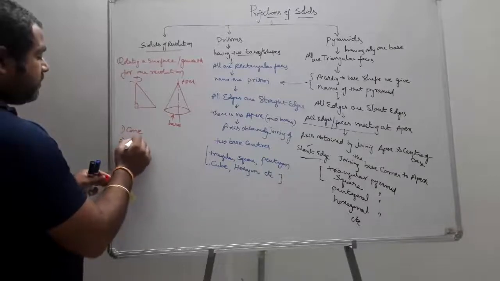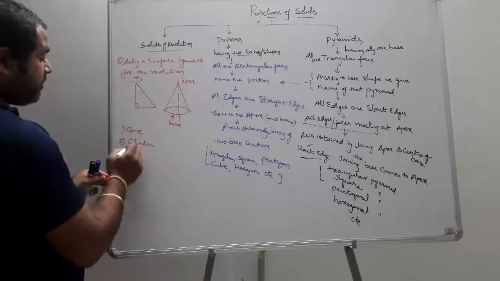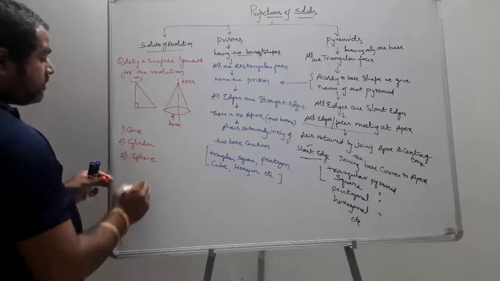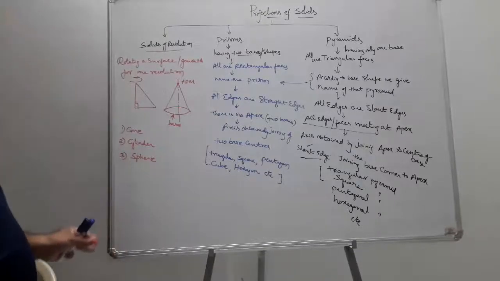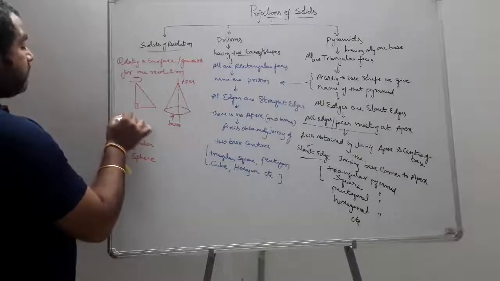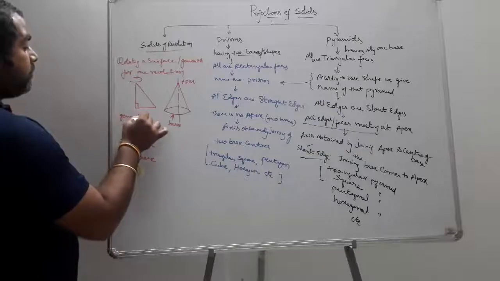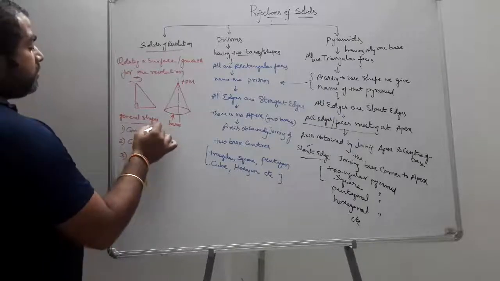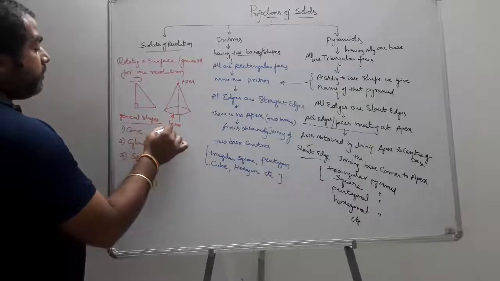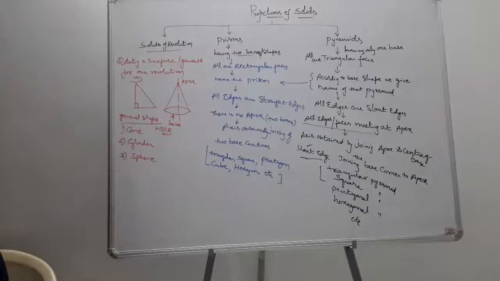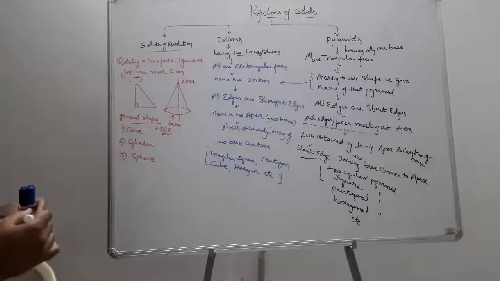cylinder, and sphere. So the general shapes we see in solid of revolution, SOR, are cone, cylinder, sphere.